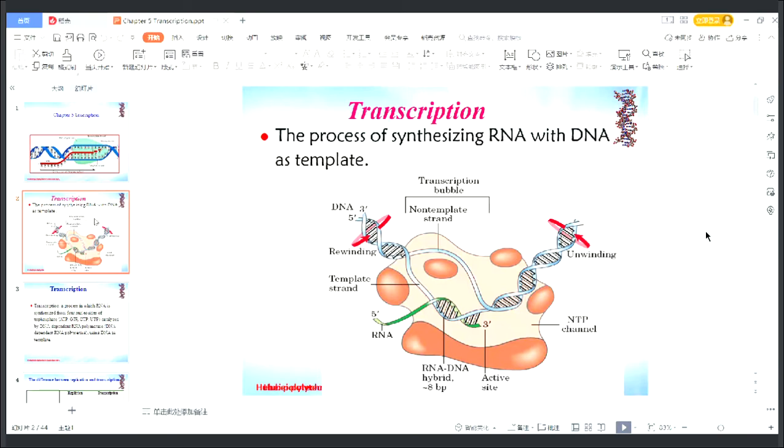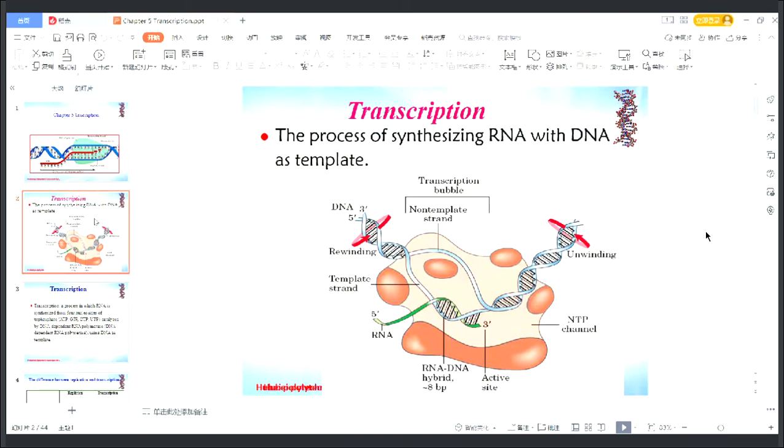From here, you can see the figure. At that time, you can see the DNA is a double helix structure. Only when it forms the relaxed single strand can it direct the synthesis of the RNA.